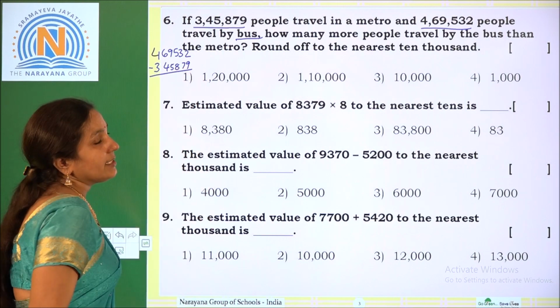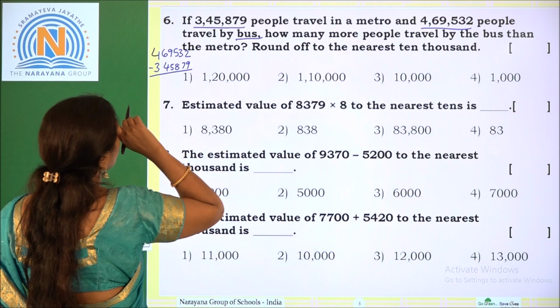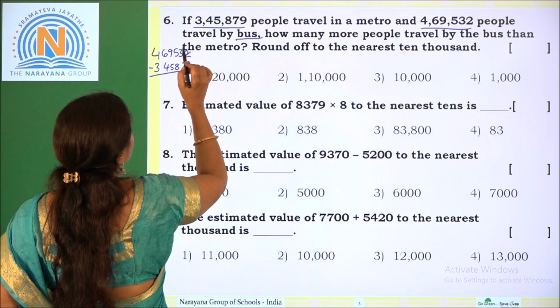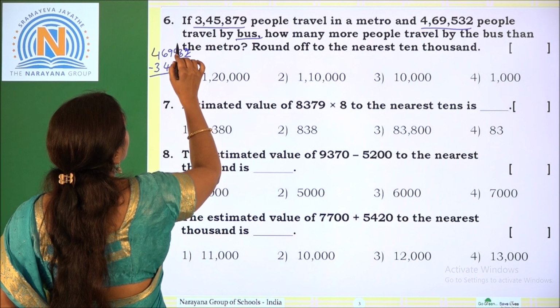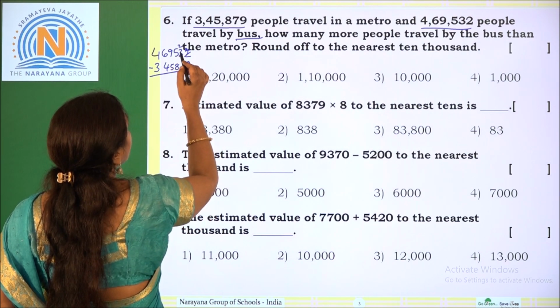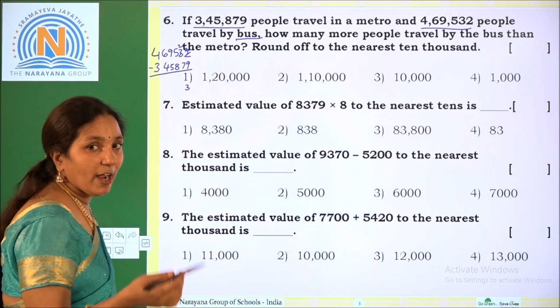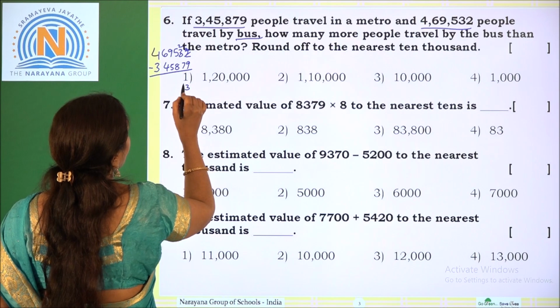Now subtract. 2 minus 9 cannot be done, so we have to regroup. 2 will become 12. This 3 will become 2. 12 minus 9 is 3. 2 minus 7 we cannot, so again we have to regroup. 2 will become 12. 12 minus 7 is 5.